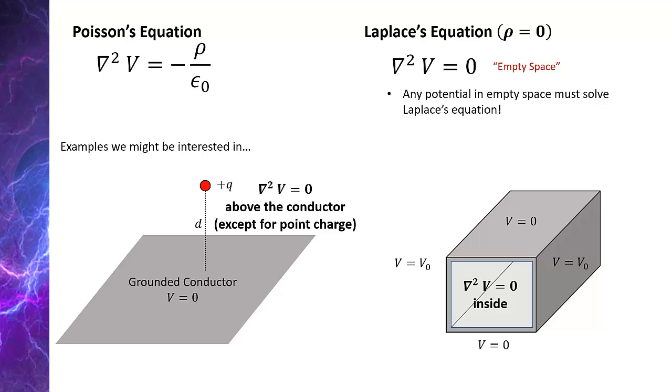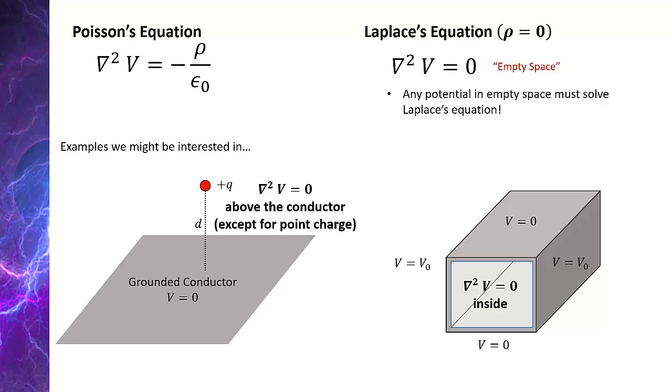Another example that we're going to look at is this long pipe on the right. This long pipe is hollow on the inside, the outside is made up of conductors, and each side can be set to a different electric potential. For instance, the top and the bottom here are grounded, set to electric potential 0. The left and right sides are set to a constant electric potential V0.